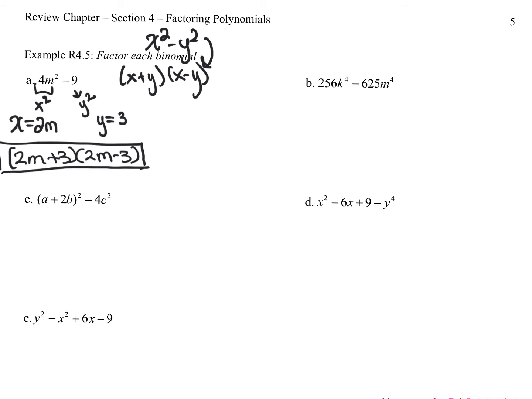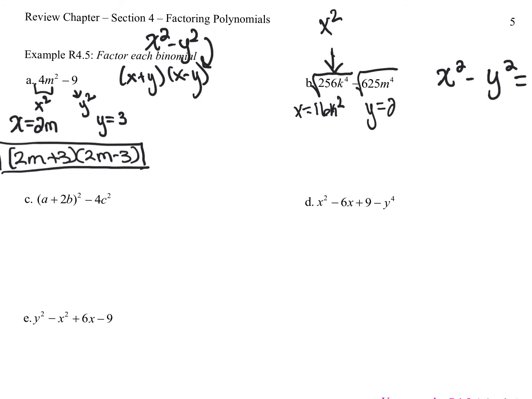Let's do that again. So this is something squared minus something squared, a dead giveaway that it's the difference of squares. And this factors into x plus y times x minus y. So this term is like x squared. To find x, I have to square root this term. So x is going to equal the square root of 16k squared, and then y is going to equal the square root of 25m squared.